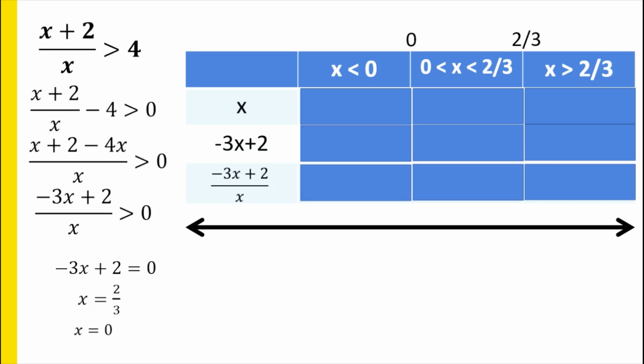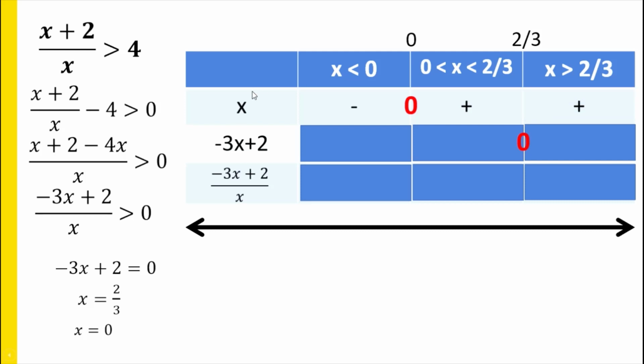As we all know, x will be 0 if x is equal to 0. And then negative 3x plus 2 will be 0 if negative 3x plus 2 is equal to 0, and that is 2/3. So let's use the strategy again. Since x is positive here, we have a positive sign. The left of 0 is negative, and then the right will be all positive. Then next one, if we have here negative 3x, we'll reverse it.